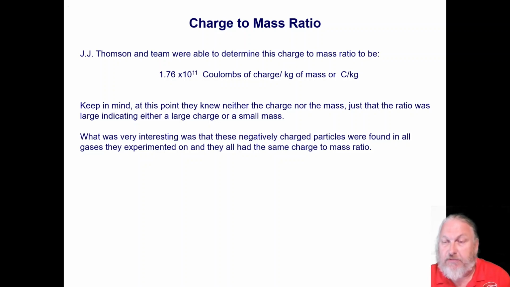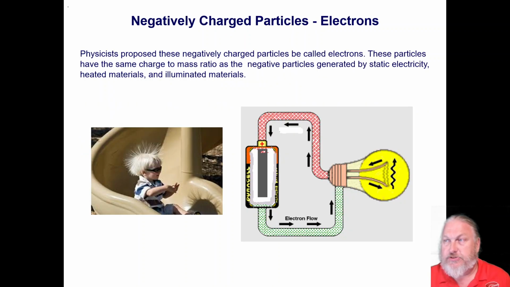What was interesting was that these negatively charged particles were found in all gases they experimented on, hydrogen, oxygen, what have you, and they all had the same charge to mass ratio. They saw a trend, a pattern. So this would suggest what?